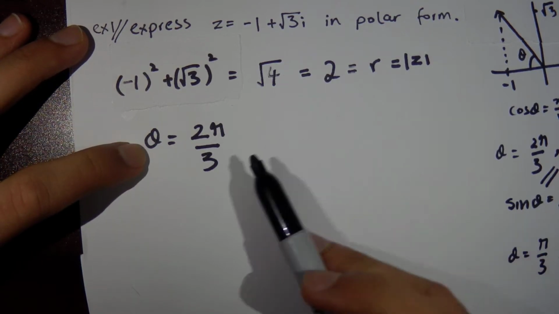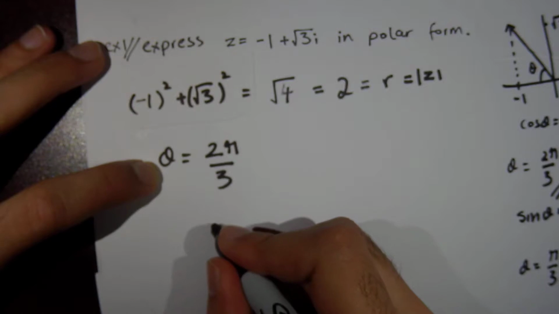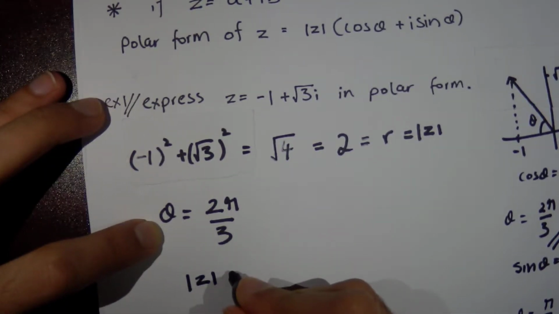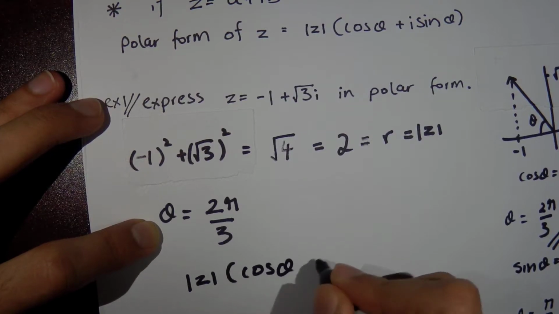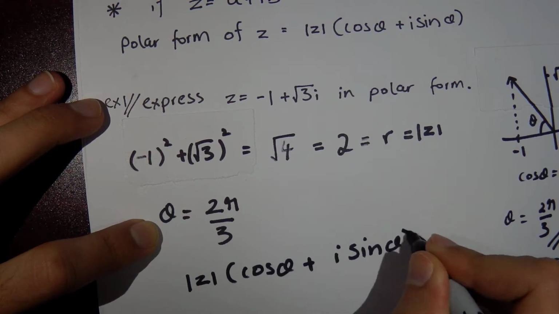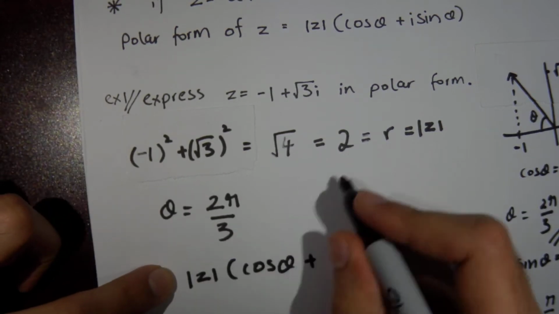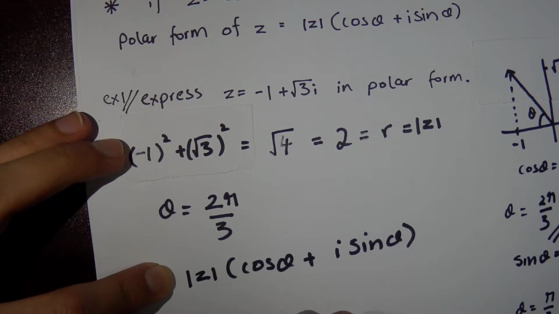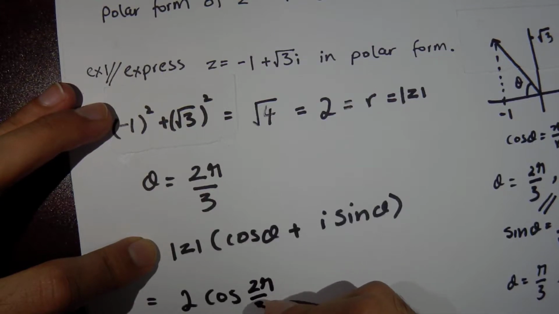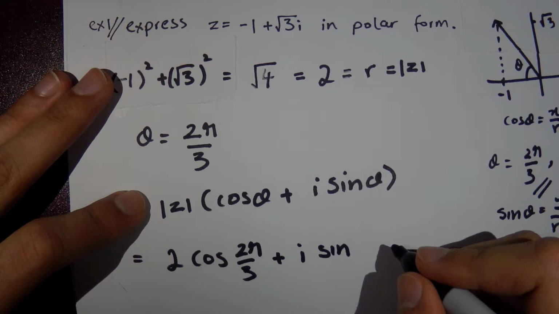We have our modulus, we have our angle, and we know the formula. So we plug it right in. The modulus times cosine of theta plus i times sine of theta is equal to the polar form, which in this case, the modulus we found as 2, cosine of 2 pi over 3 plus i times sine of the same angle.